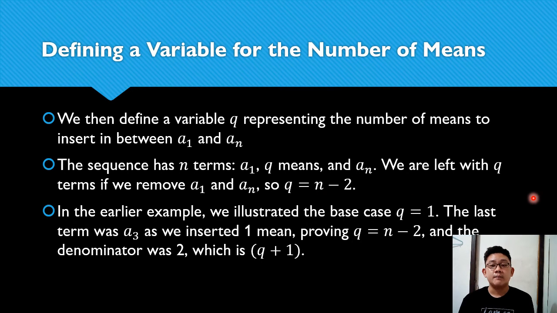In the earlier example, we illustrated the base case q is equal to 1. The last term was a sub 3 as we inserted one mean, proving q is equal to n minus 2. And the denominator was 2, which is q plus 1.